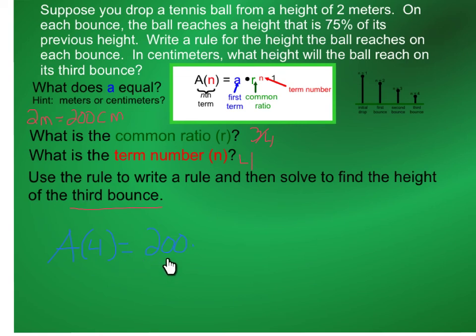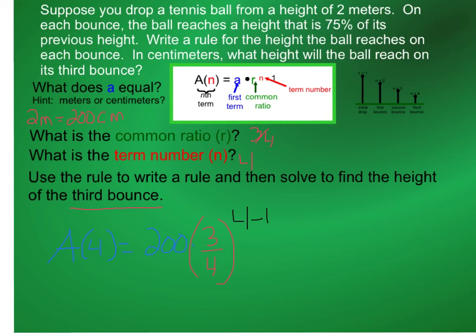And my first term is 200 because it starts at a height of 200 centimeters. So next I'm going to take my common ratio, and my common ratio will be 3/4. And for my exponent, I'm going to do the 4th drop minus 1. And that actually gives me 3 for the third bounce.